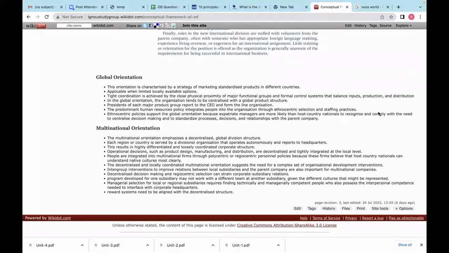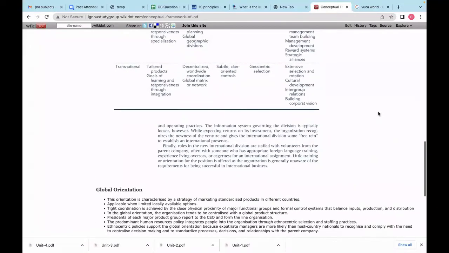They might have design wings separate within their countries. Research and development might happen separately. So it is almost like independent organizations working in various countries, and the parent organization is more about coordinating with all these countries. That is the difference between global orientation and multinational orientation.